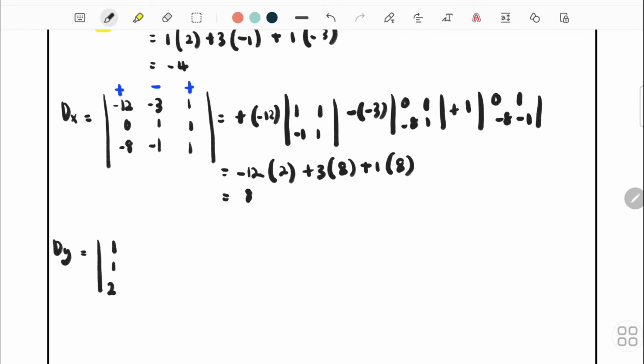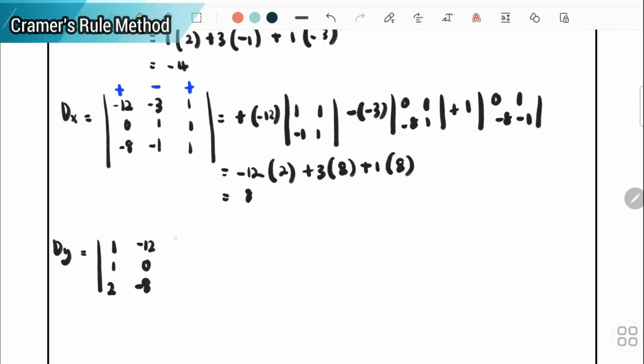The second column needs to be replaced by negative 12, 0, negative 8. And the third column is the same as matrix A, which is 1, 1, 1. Okay, so this is the difference. These are the different elements for D sub X, D sub Y, and also D sub Z.